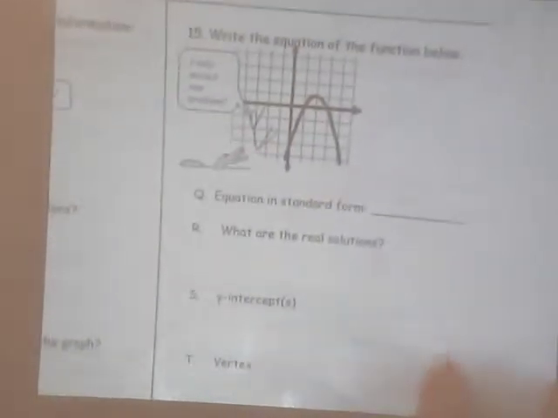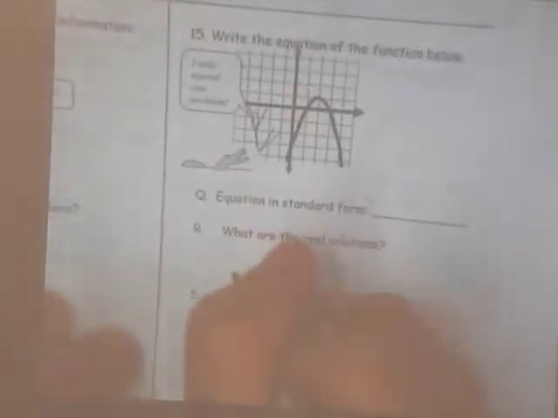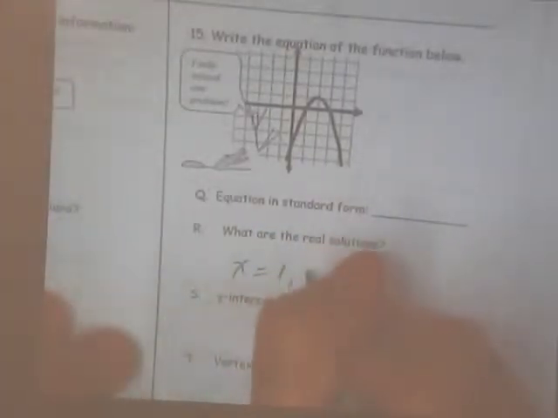All right, 15. Let's do Q last. What do we know? What are the real solutions here? 1 and 3. So we know x equals 1 and 3.